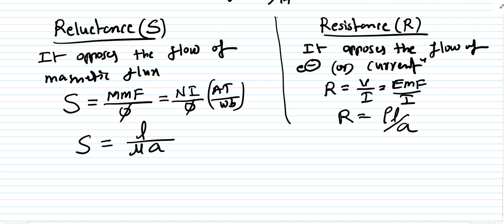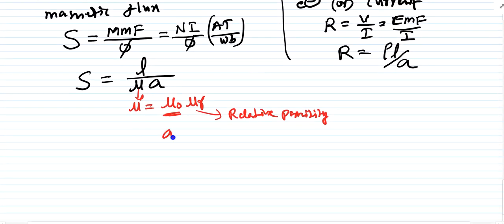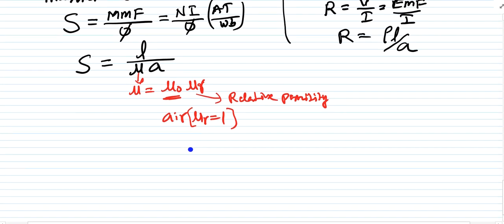Mu is mu naught into mu r, where mu r is called the relative permeability, and its value is different for different materials. For example, for air, mu r is equal to 1. Also you can understand what is meant by permeability or relative permeability.